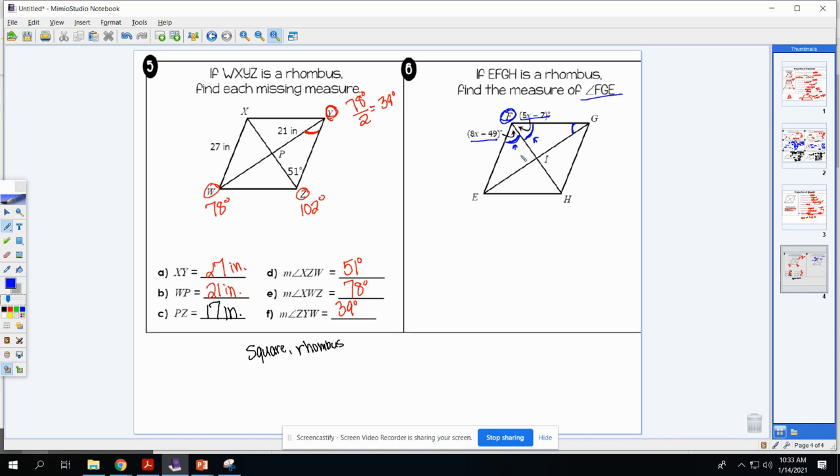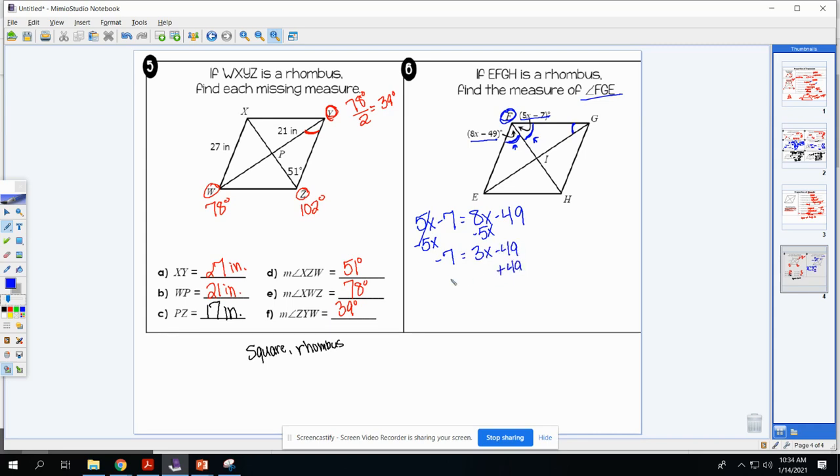That means that 8x minus 49 and 5x minus 7 are congruent, so we will set them equal to each other. 5x minus 7 equals 8x minus 49. So go ahead, subtract your smaller x. You get negative 7 equals 3x minus 49.